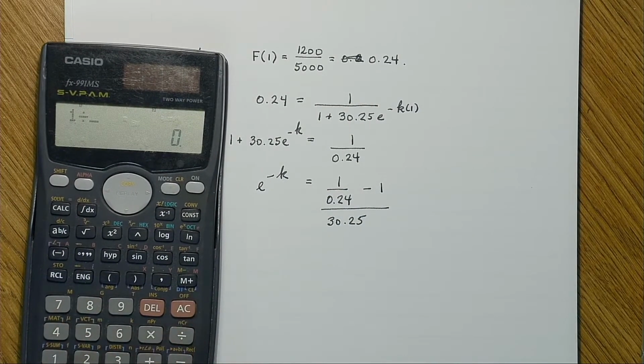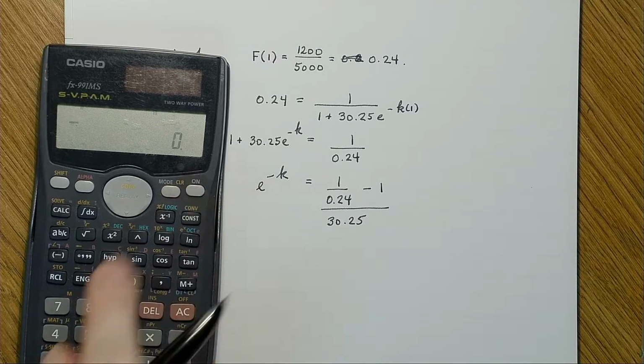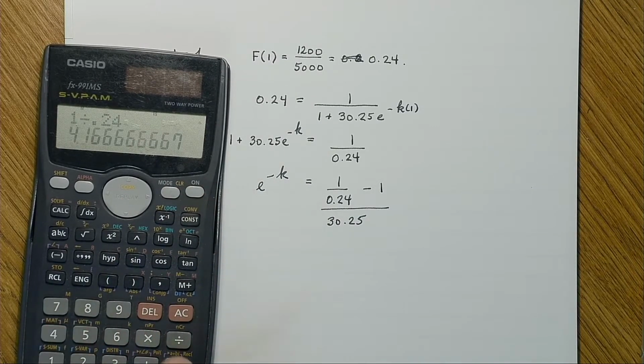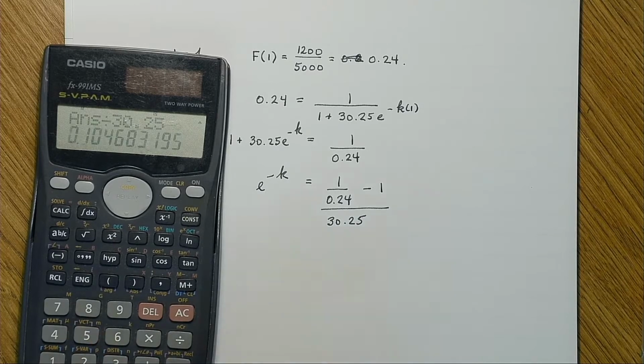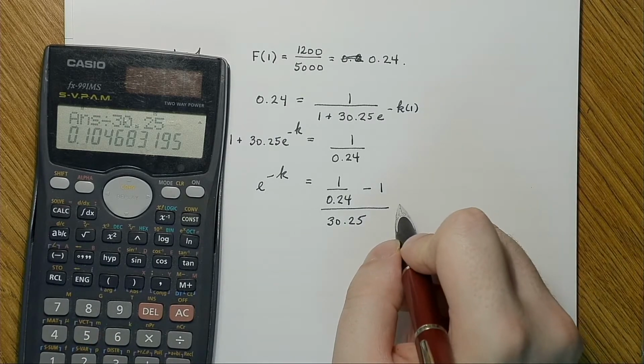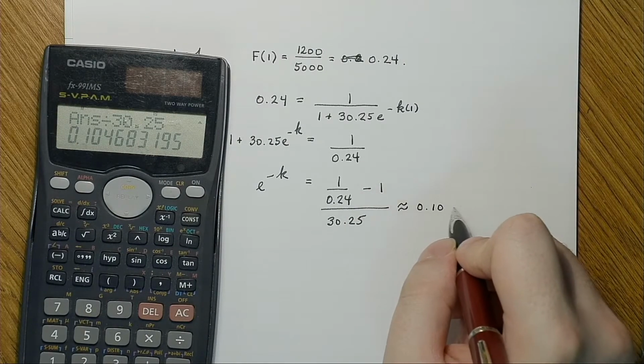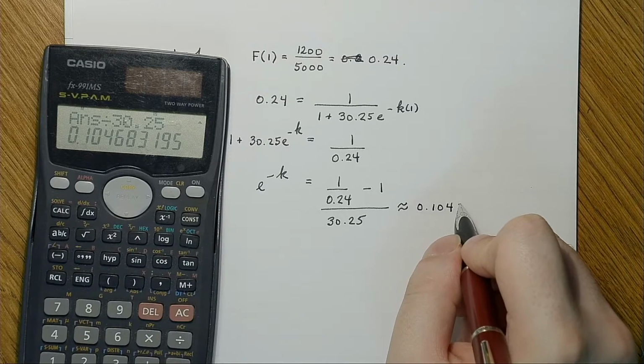So I have 1 over 0.24 minus 1, divided by 30.25. So that is approximately 0.1047.